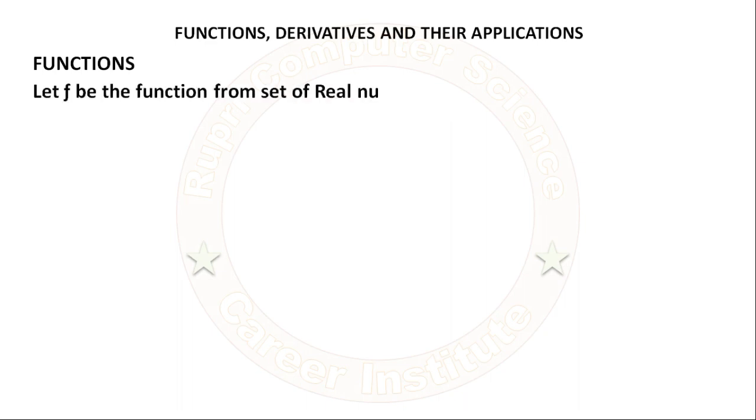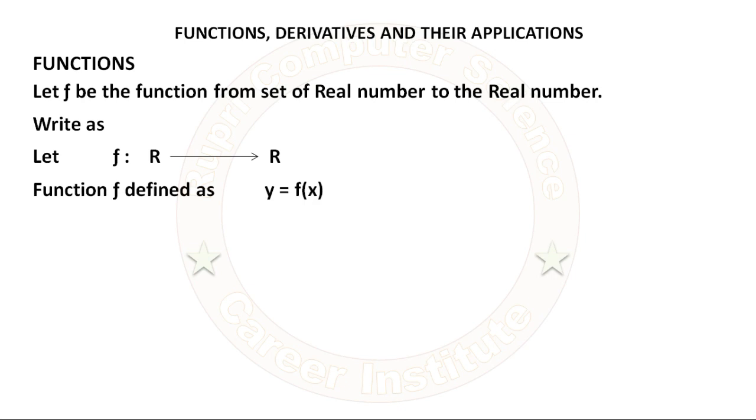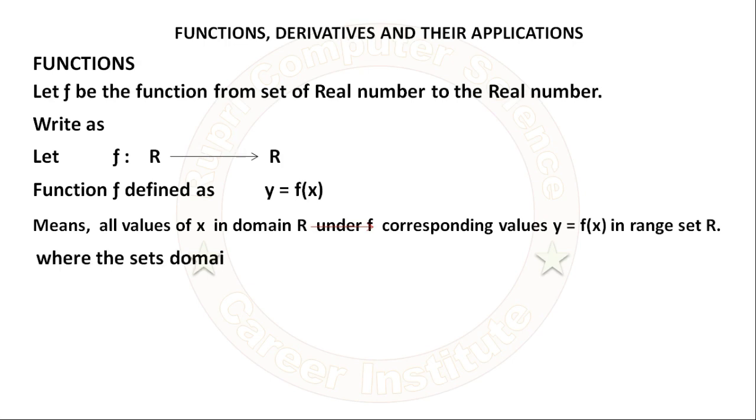Let f be the function from the set of real numbers to real numbers, written as f from R to R. Function f defined as y is equal to f(x) means all values of x in domain R under f correspond to values y is equal to f(x) in range set R, where the domain and range are subsets of real numbers.